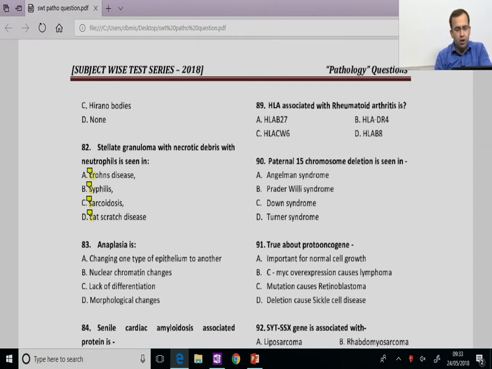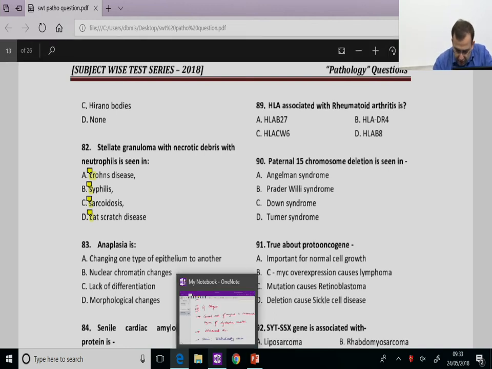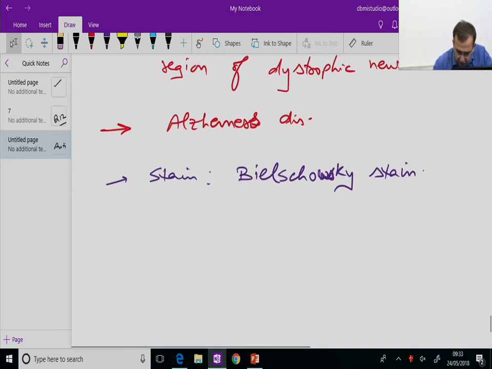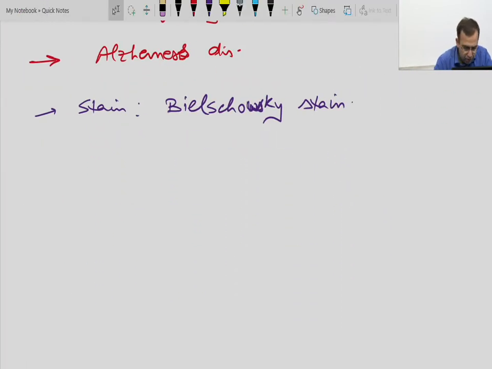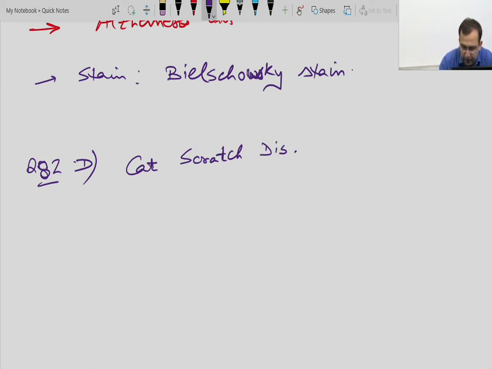Classical depiction of cat scratch disease. So starting with cat scratch, I'll show you what it looks like microscopically also. So question 82, the answer is D, that is cat scratch disease.